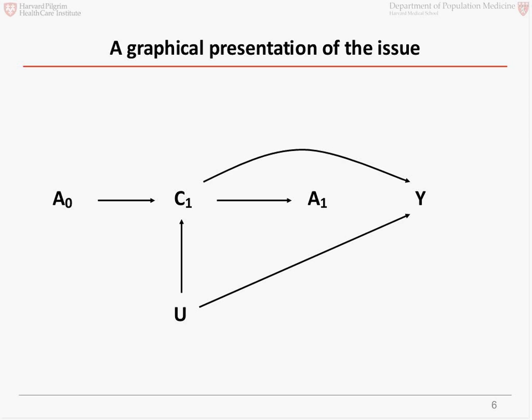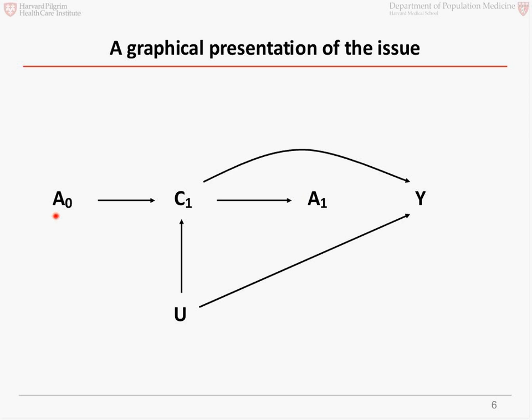To see why, let's look at this graph. This is a very simple directed acyclic graph, or DAG. To simplify things, let's assume that we are interested in estimating the treatment effect under two treatments, and we shall use A0 and A1 to represent the treatment at each month.